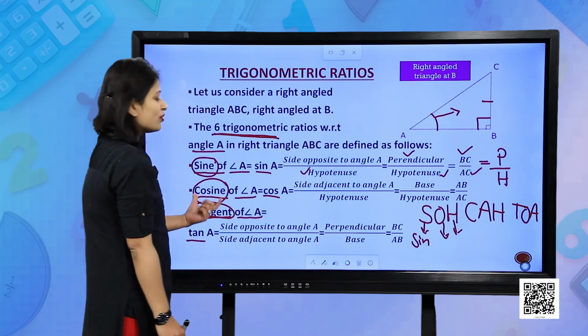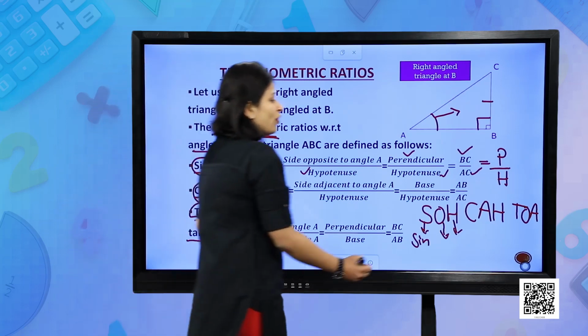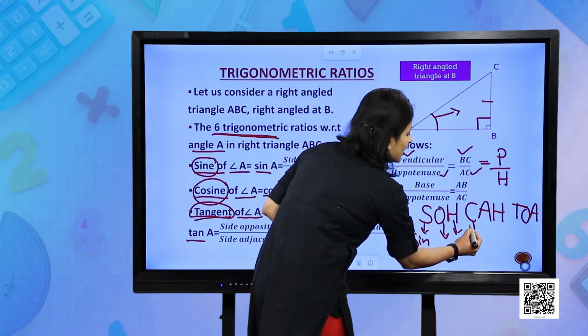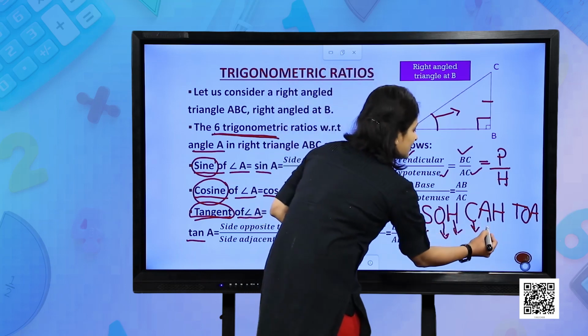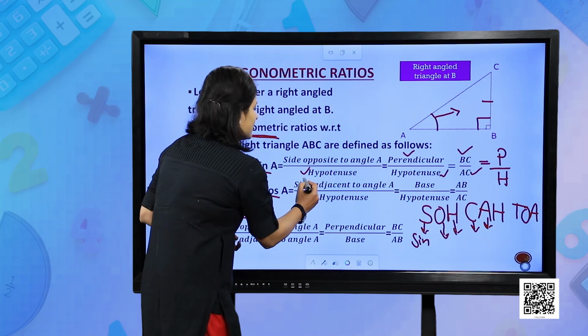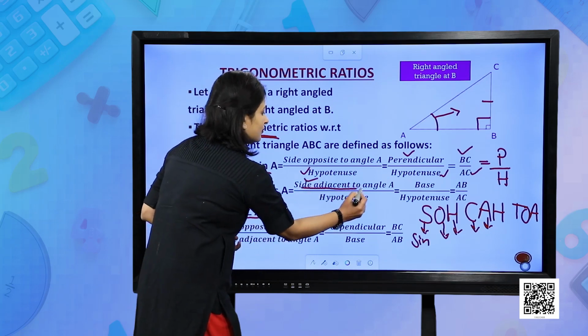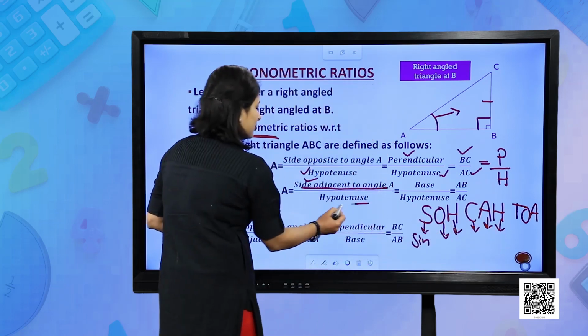Now comes cosine of angle A, that is cos A. For this, C stands for cos, A stands for adjacent side, and H stands for hypotenuse.